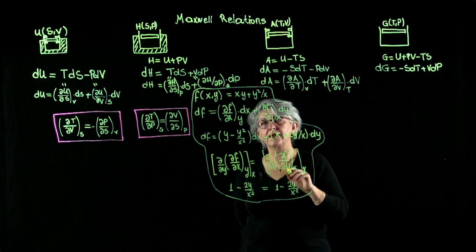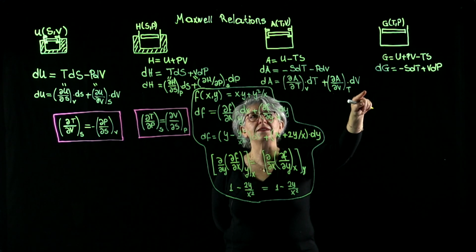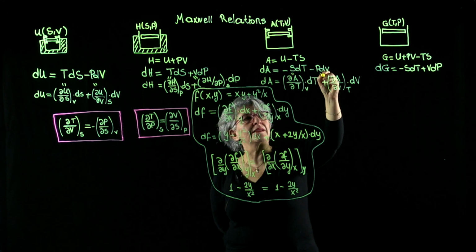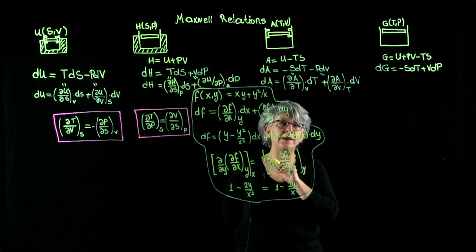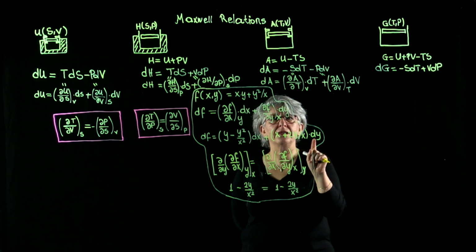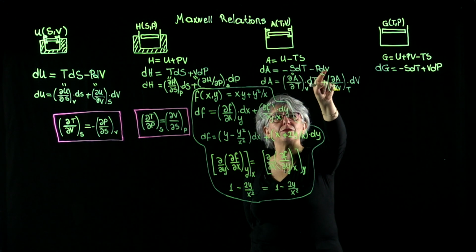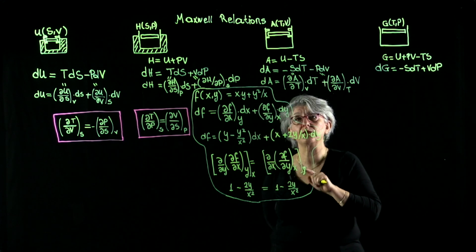Again, I compare those two equations with one another, and I notice that these are my parameters to be carried to the next stage. So I'm going to take the derivative of minus S with respect to V. I'm going to take the derivative of minus P with respect to T, and they're going to be equal.